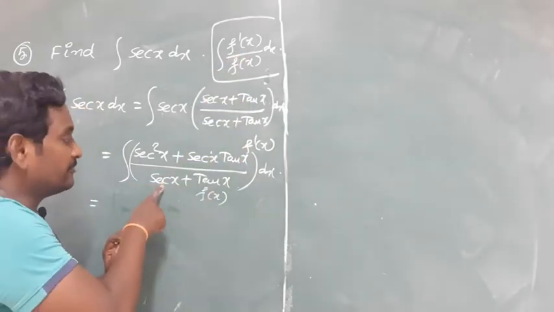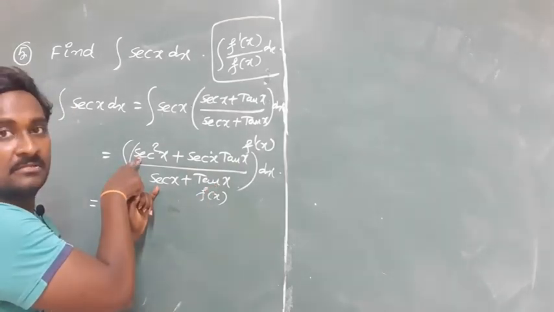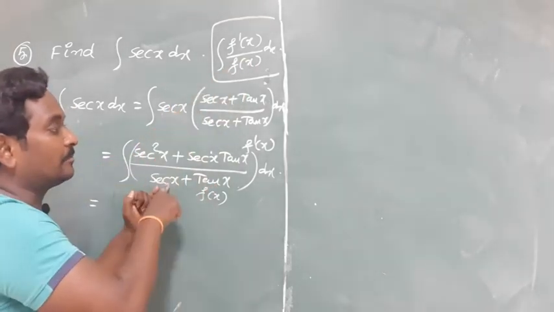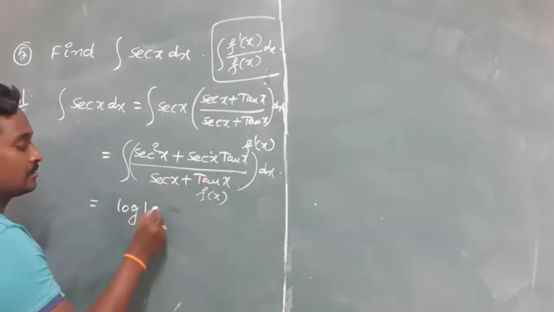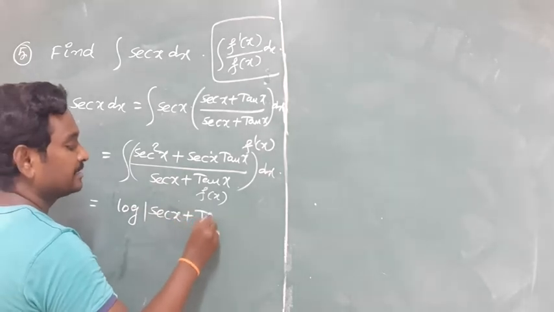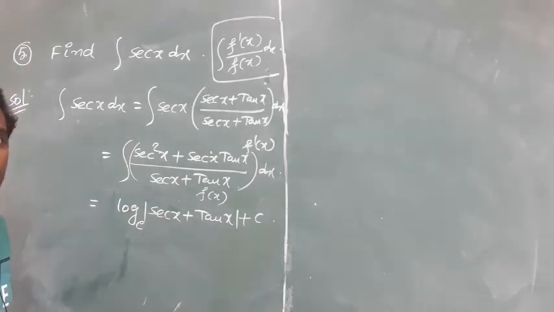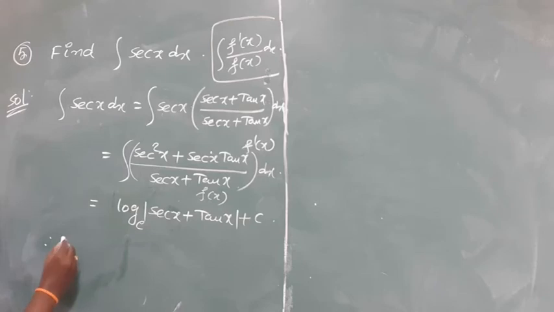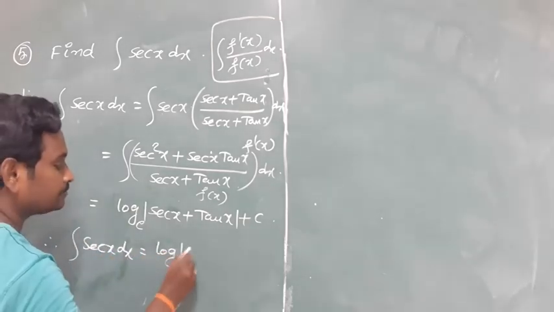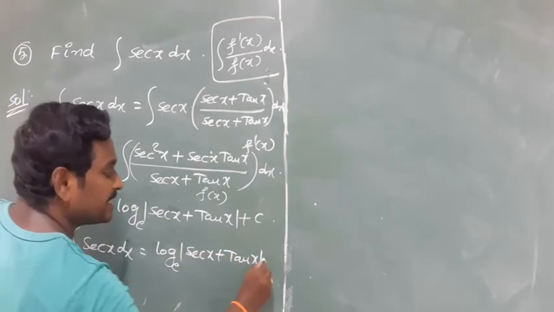That's why we can apply this formula now, which is log modulus of secant x plus tan x to the base e plus c. Don't forget this one. You can use this formula in many problems. So please read carefully. Integration of secant x dx is equal to log mod secant x plus tan x to the base e plus c.